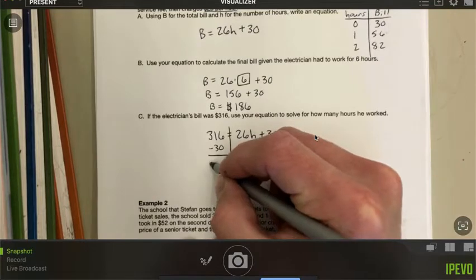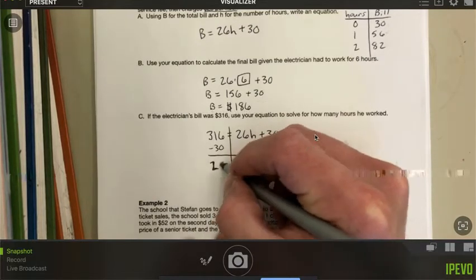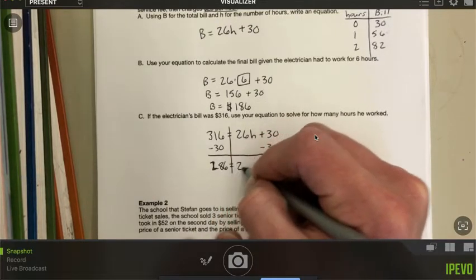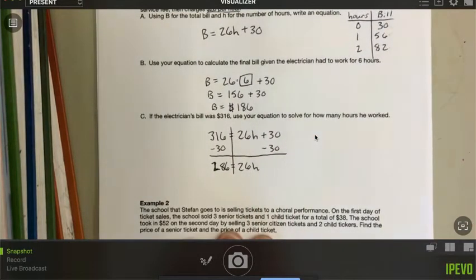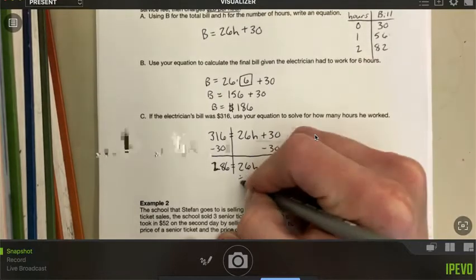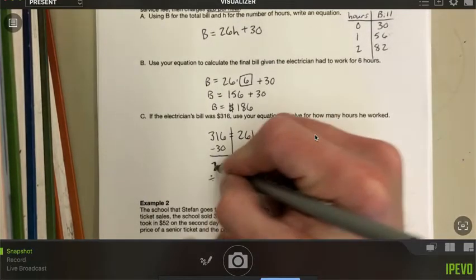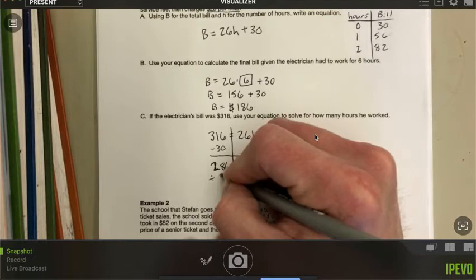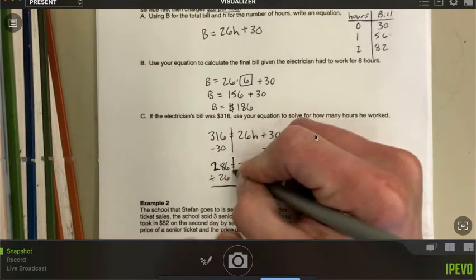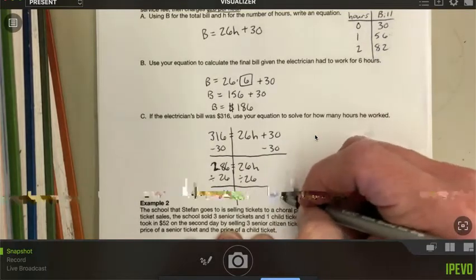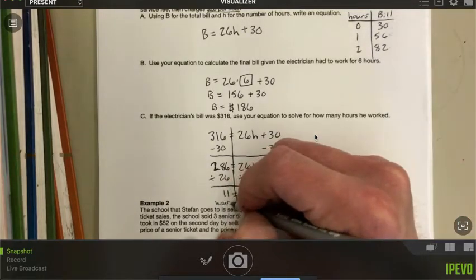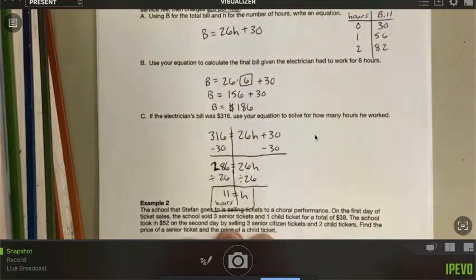So now I'm going to have 286 equals 26H. And now simply divide by 26. Divide 286 by 26, and I should end up with 11 hours. All done.